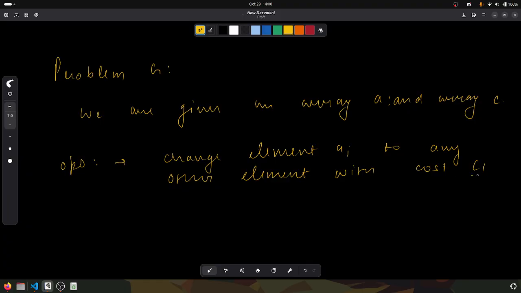So we can pay a cost of ci to change ai to any other integer, and we need to use these operations and find the minimum cost to make the array increasing.